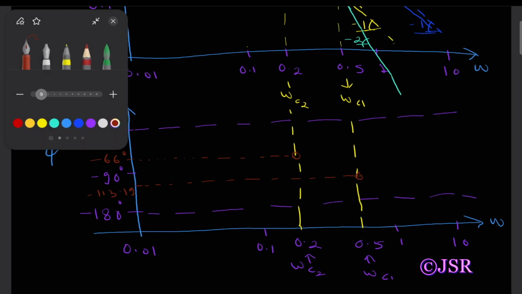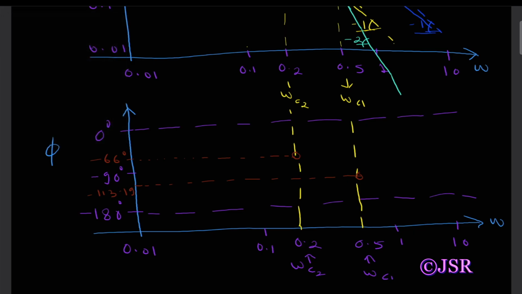So finally we can draw the overall phase plot like this, which will pass through this and this. So this will be the phase plot for the given system.